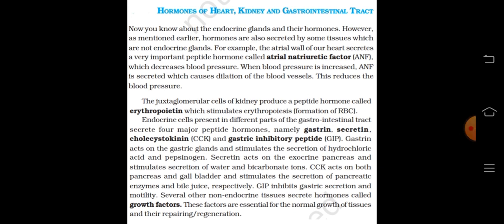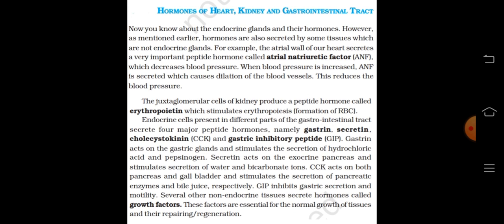Gastrin acts on the gastric glands and stimulates the secretion of hydrochloric acid and pepsinogen. Secretin acts on the exocrine pancreas and stimulates secretion of water and bicarbonate ions. CCK acts on both pancreas and gallbladder and stimulates the secretion of pancreatic enzymes and bile juice, respectively. GIP inhibits gastric secretion and motility.